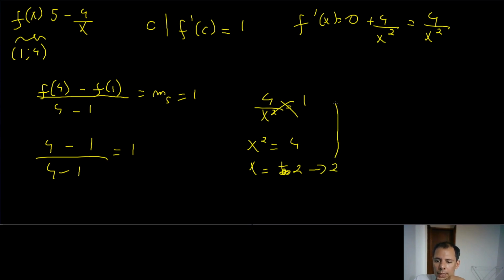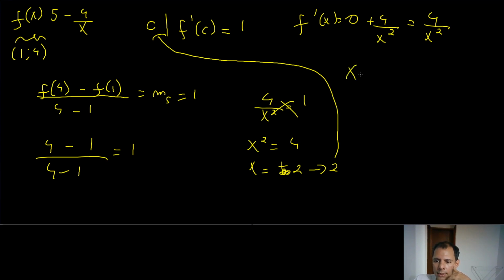So 2 is exactly this c, that when you plug it into the derivative of the function, or the differentiated form of the function, you're going to have a thing of 1. You're going to have a tangent of 1.